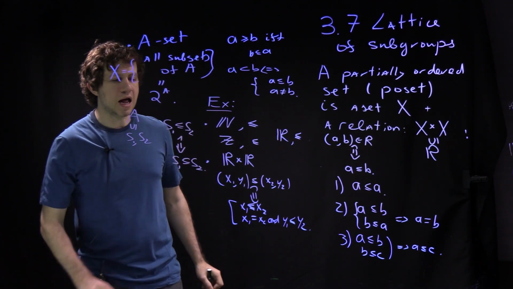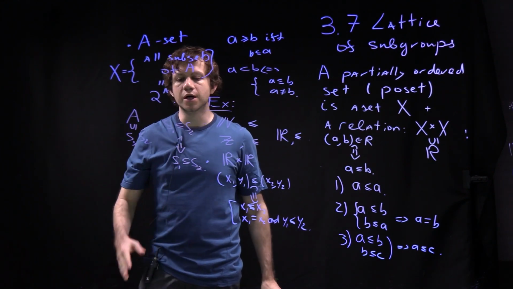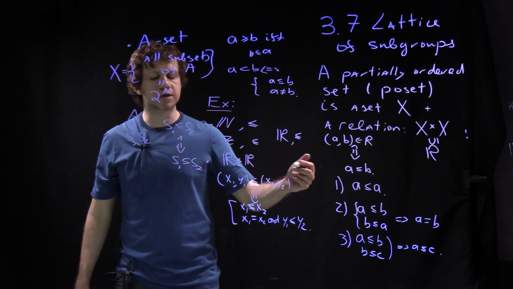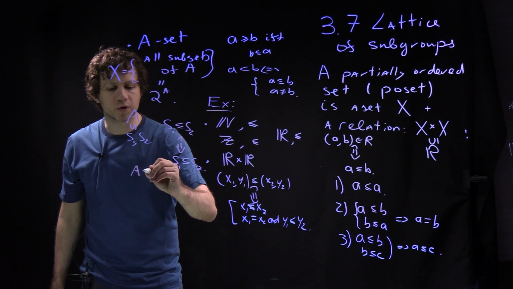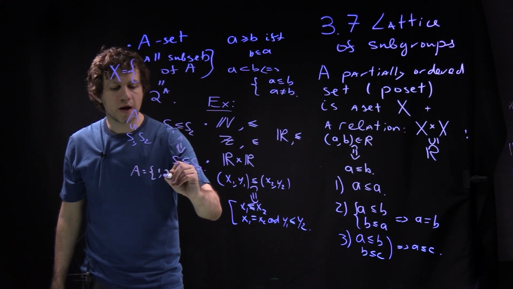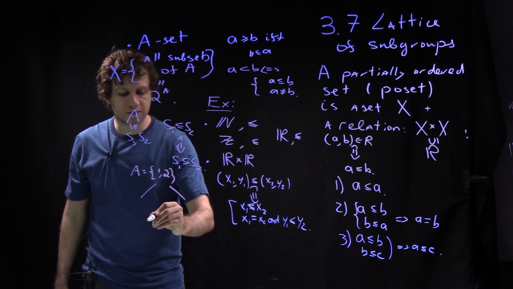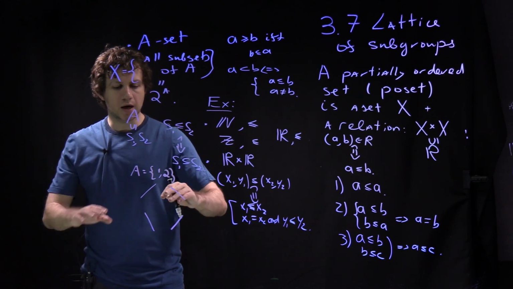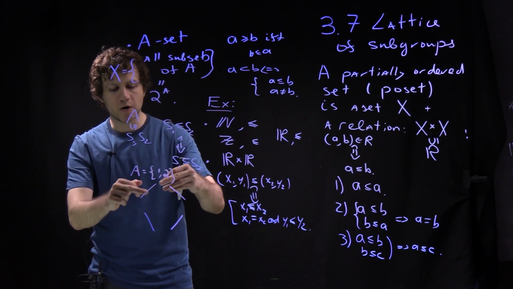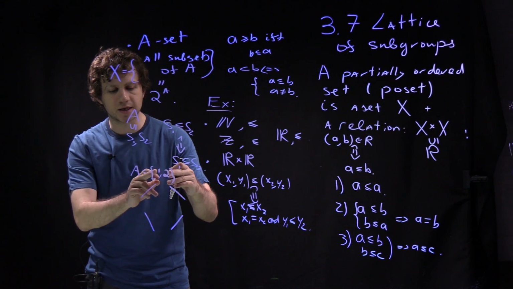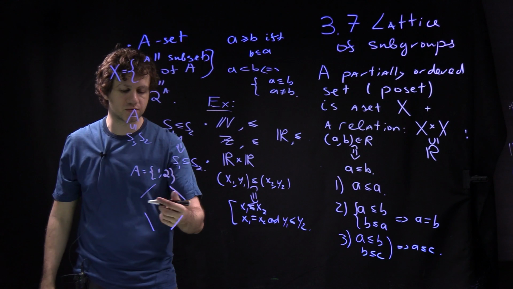Here, of course, it's easy to see all the axioms hold, but it's not true that any two elements are comparable. For instance, you can take as a set A a set with two elements 1, 2, and then you have the following diagram. It's very convenient to draw this poset on the plane, and then an arrow going down means that the corresponding element is greater or equal than the previous element, actually strictly greater.